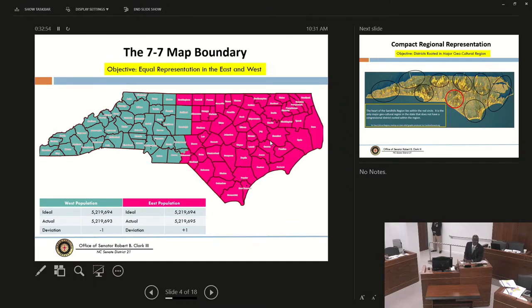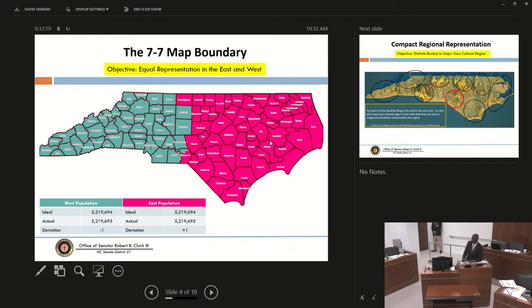And as you'll see in the 7-7 plan, as I've been calling it, there will be 7 districts in the west, 7 districts in the east. No district in the west shall cross over to the east, and no district in the east shall cross over to the west. I know that was not a criteria of the committee, but it was a self-imposed criteria that I placed upon myself.